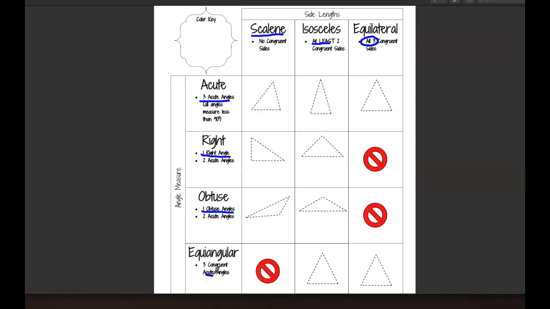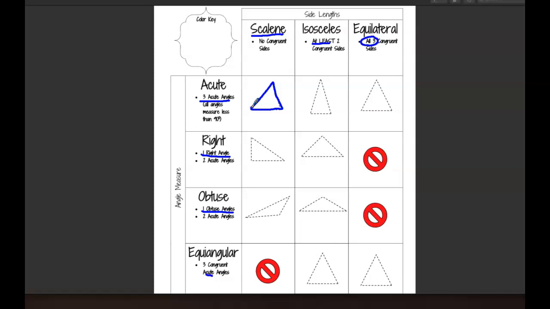Okay? So we're going to add a little details to it. So if I have a scalene acute triangle, that means all three of my angles are less than 90. So looking at this picture right here, they are all three less than 90 degrees. And none of those sides are equal.